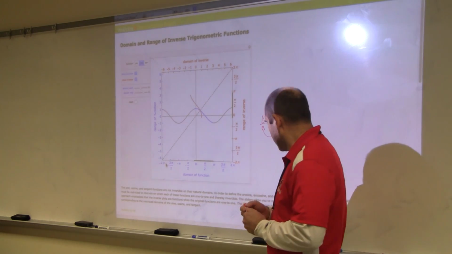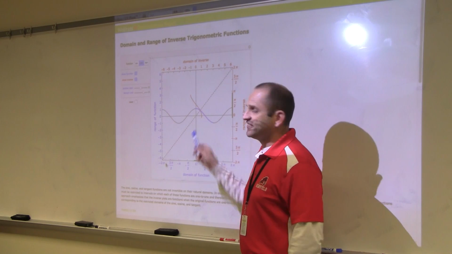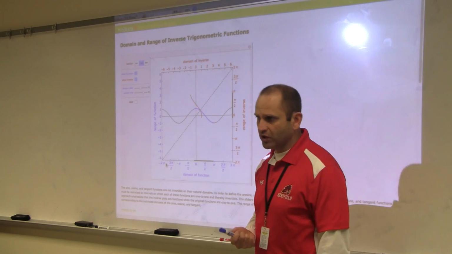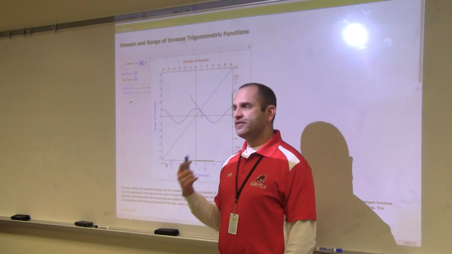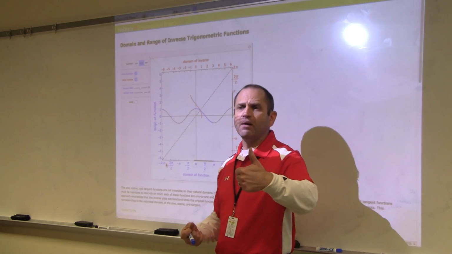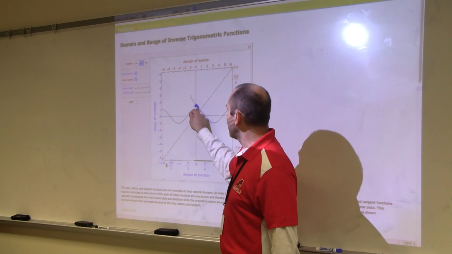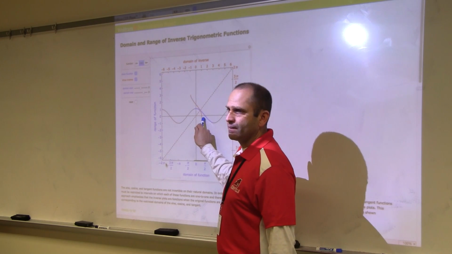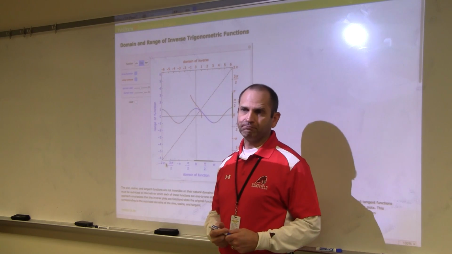So that's what we did, and that's the convention. Okay? We're going to keep that section of the original cosine curve so that the inverse is a function. And this is why your calculator can give you one output when you ask it to calculate the inverse cosine. It's only going to give you a value in here. Not out here, not down here, because we restricted the domain.